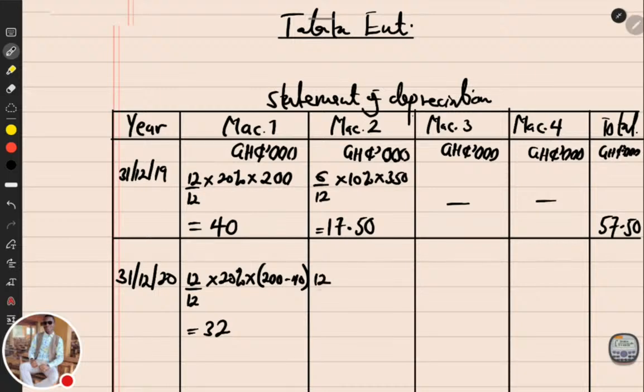So we'll have 12 over 12 multiplying, and we know machine 2 is on straight line, so that's 10%, all right? Then multiplying the cost of machine 2, which we know is 350. So if even half year gave us 17.5, then full year depreciation is supposed to give us approximately 35, if I'm not mistaken. Yes, it's supposed to be 35 there.